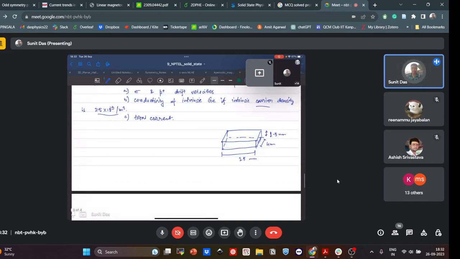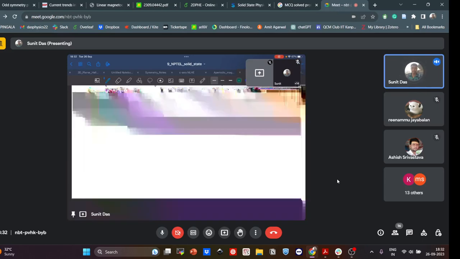The electric field is applied along this direction, the longitudinal direction. Okay, so let's try to find out.